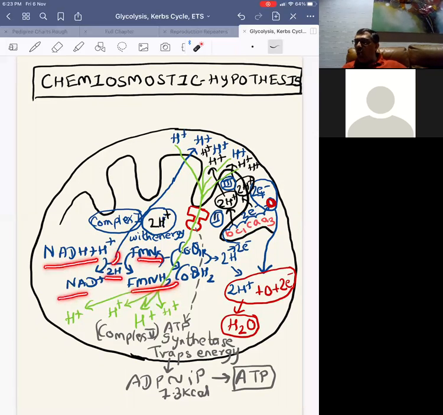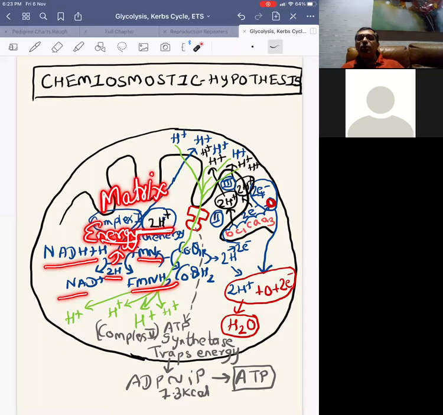उसमें हाइड्रोजन gave away energy, and in the matrix are found protons.